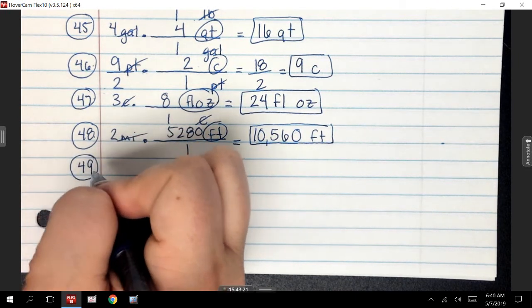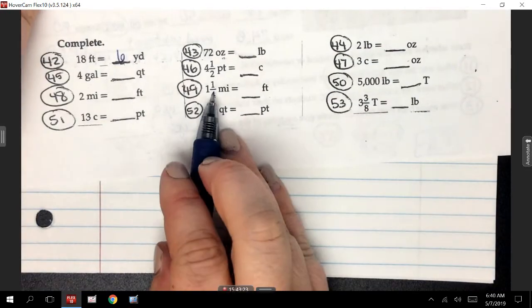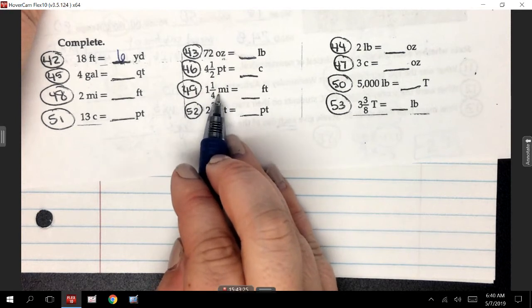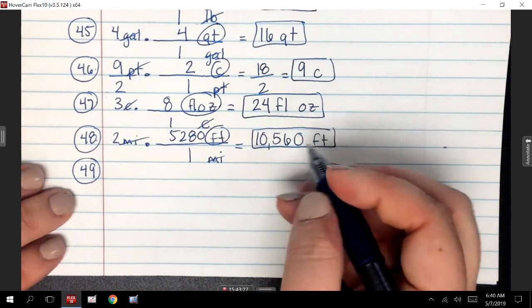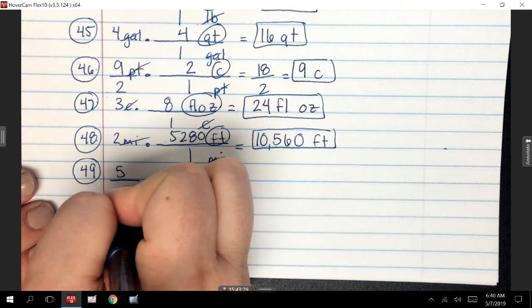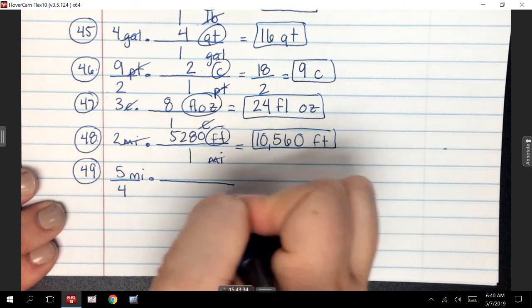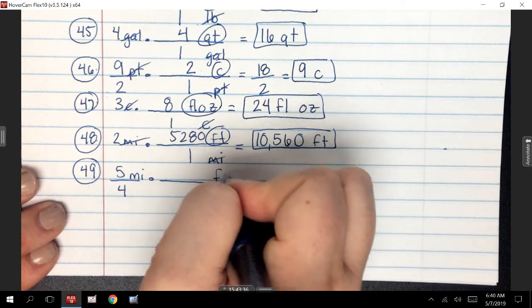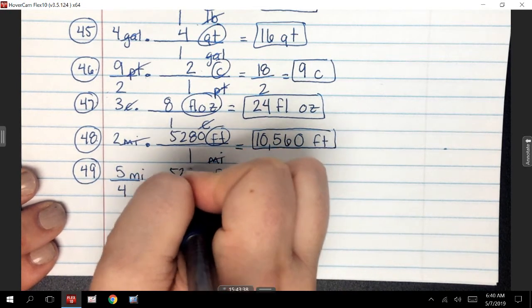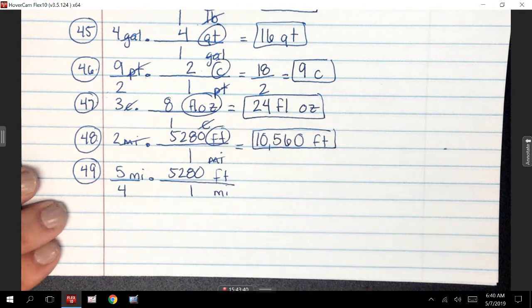All right, 49, again, I ended up with that fraction. So I want to do my backwards C. 1 times 4 is 4, plus the 1 is 5. So now I have 5 over 4, making sure my mile still goes on the top. And I'm changing miles to feet. 5,280 feet are in 1 mile.